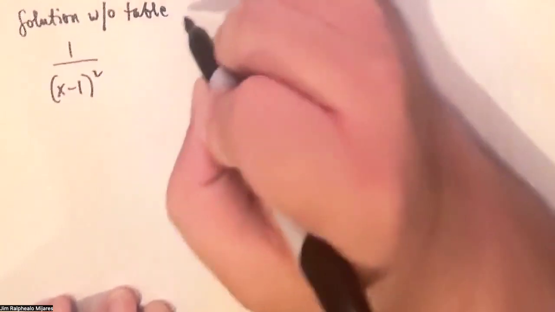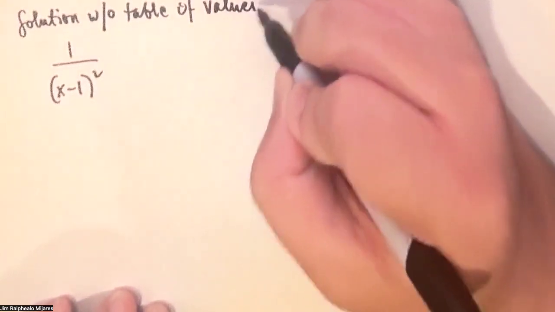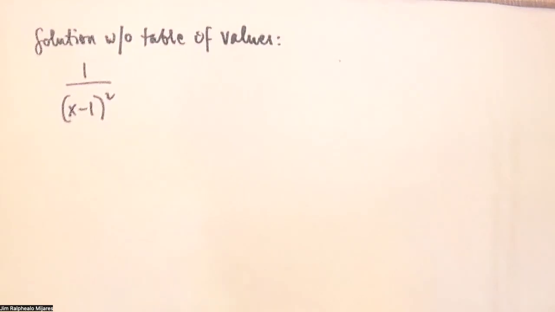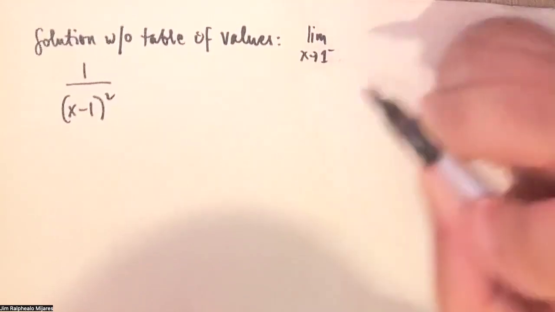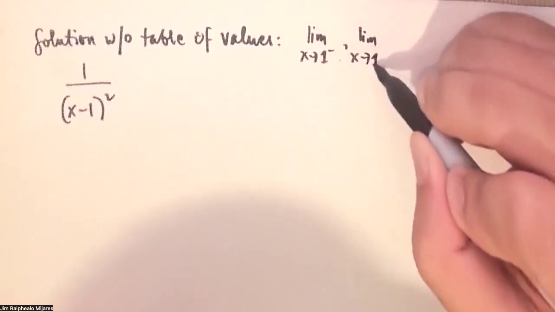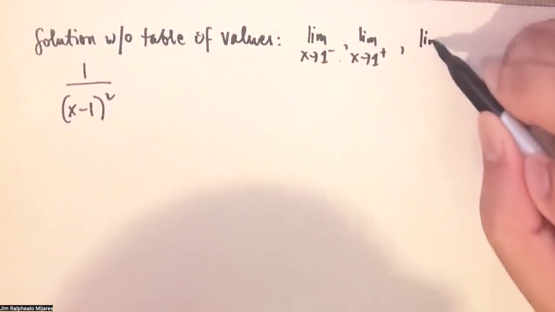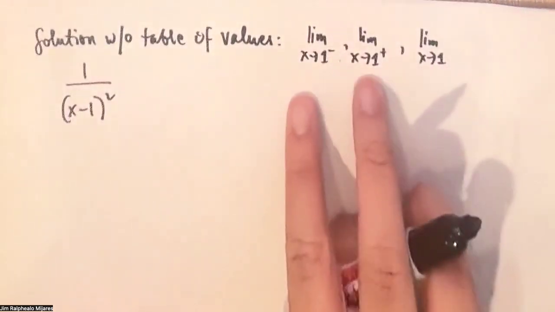This is now the solution without a table of values. So we are wondering what the limit is as x approaches 1 from the left, as x approaches 1 from the right, and of course the two-sided limit itself. But you can conclude this after you solve the one-sided limits.